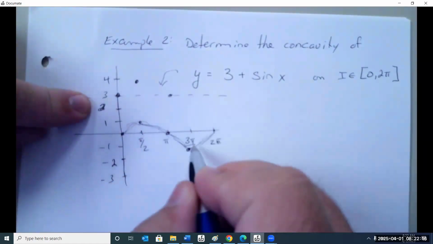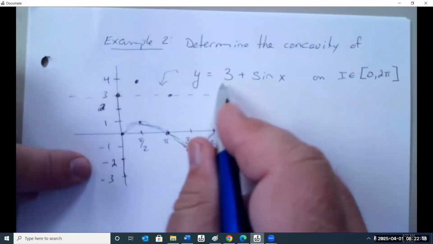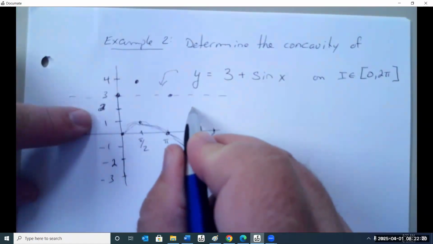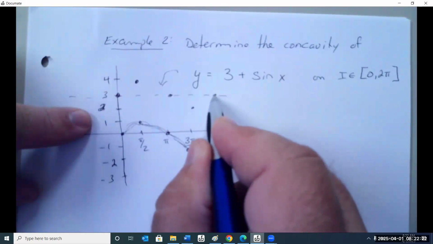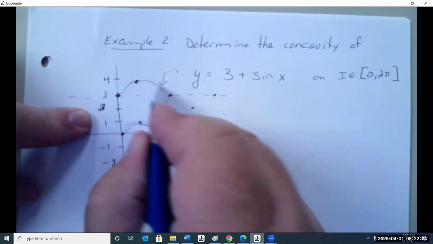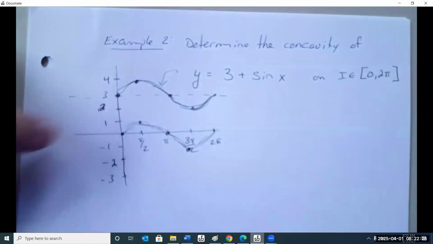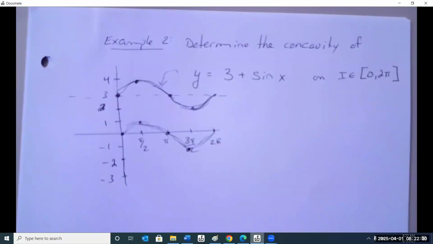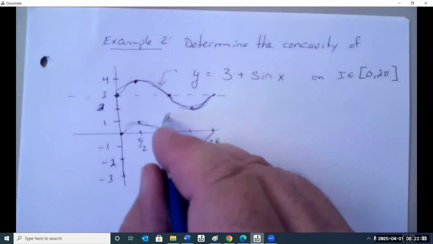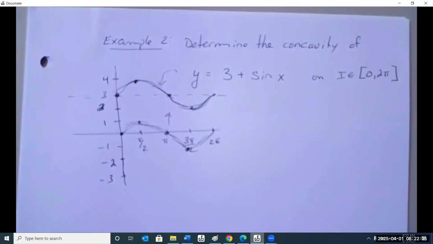Then it's back to 3. Then negative 1 plus 3 is 2. And then back to 3 at 2 pi. So our graph looks like this. It's shifted up 3 spaces.